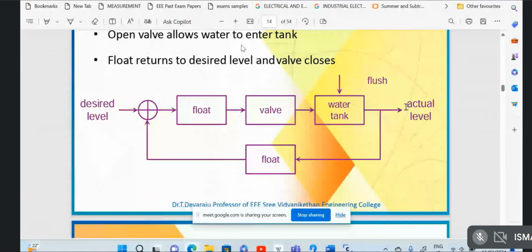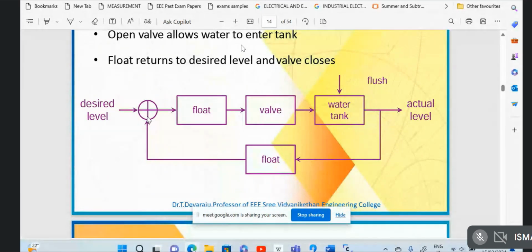We expect the actual level to be the output, which is set here. Somebody comes and flushes, and it will be empty. If it is empty, the float will indicate that the desired level has gone down.